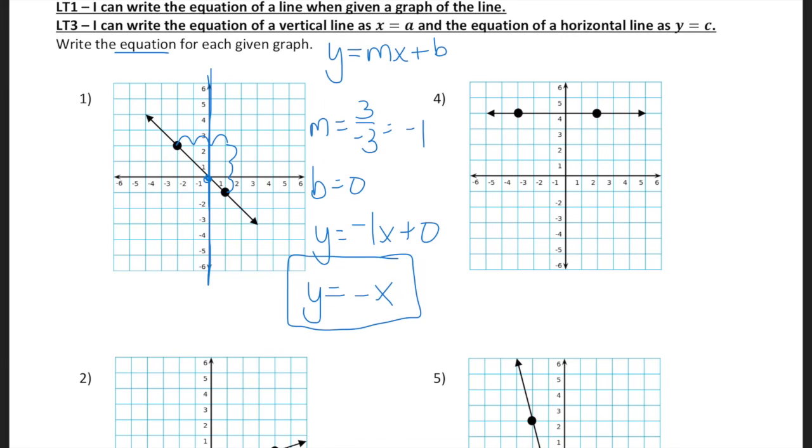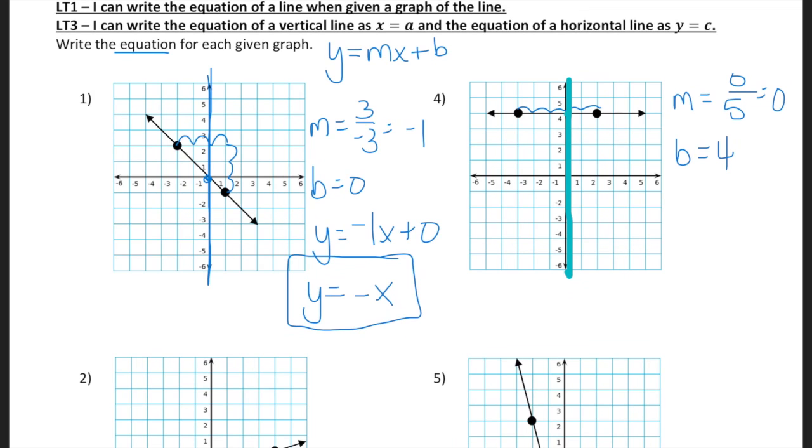For number 2, my slope, my rise is 0, and my run is 1, 2, 3, 4, 5. 0 divided by 5 is 0, so I have a slope of 0. And my y-intercept here, here's my y-axis, and I'm crossing right here at +4.